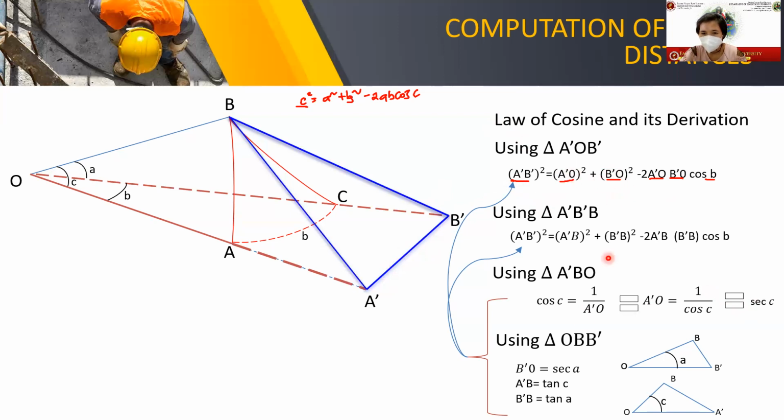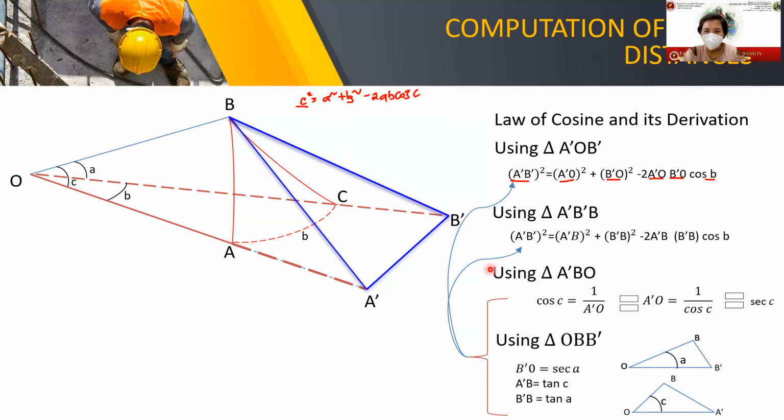B prime O is also secant. So, secant C, secant A, another secant C, secant A, and cosine B. I don't have the value of cosine B since we need to determine the value of B. Another, for the next illustration, AB prime, AB is equivalent to tangent C, so this will become tangent C. B prime B is equivalent to tangent A. So tangent C squared, tangent A squared minus tangent A, tangent C, cosine of B.